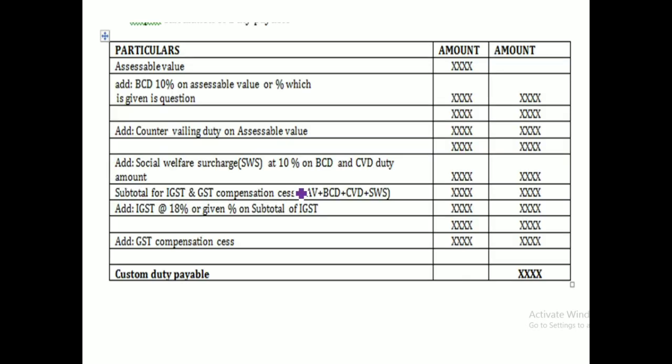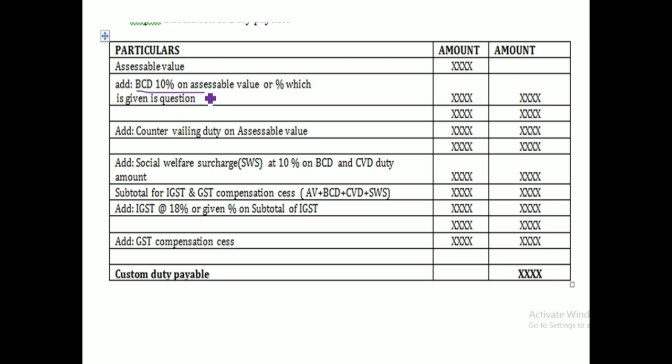The second step is calculation of duty payable. Here, as we know, the assessable value that we found in the first step, based on that value, first and foremost, we need to add BCD, that is basic customs duty.